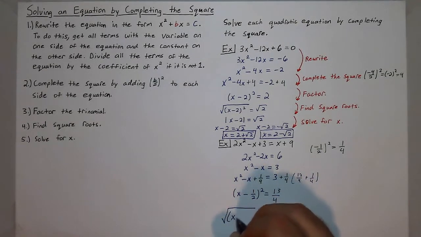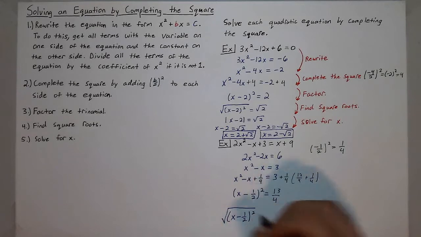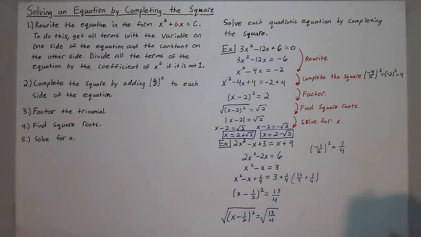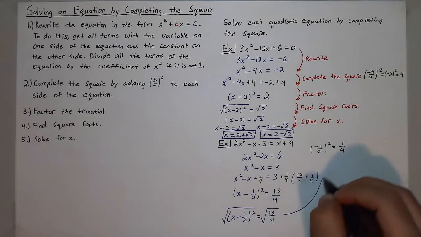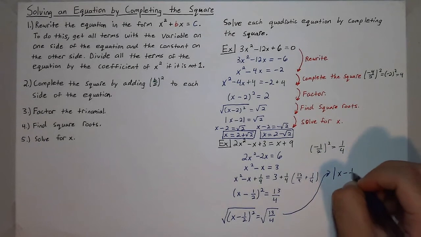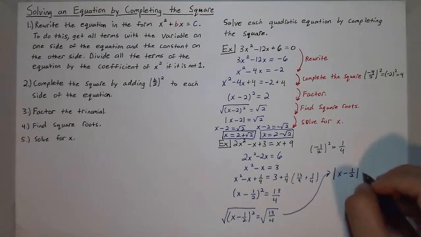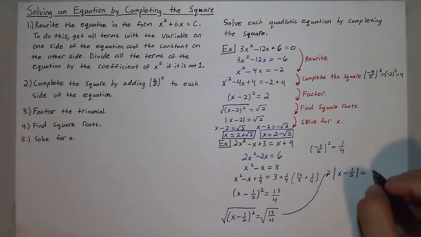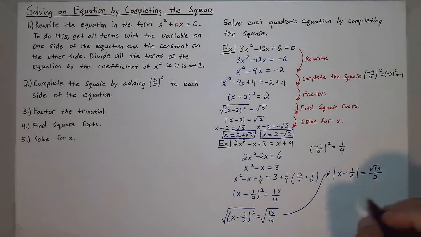So I'll take the square root of x minus 1/2 squared, and the square root of 13 over 4, which when I do this, I'll end up with the absolute value of x minus 1/2 is equal to the square root of 13 over the square root of 4, which is 2. And now I can break this up into my two equations and solve.